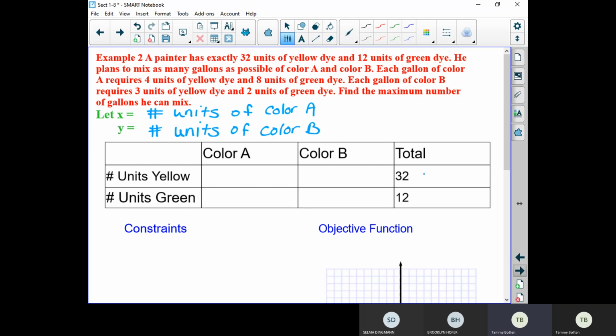So here's my units of yellow dye. I need 4 units of yellow dye for every unit of it that I have.